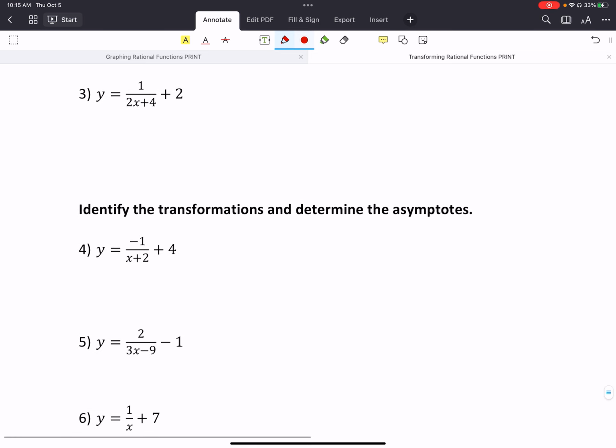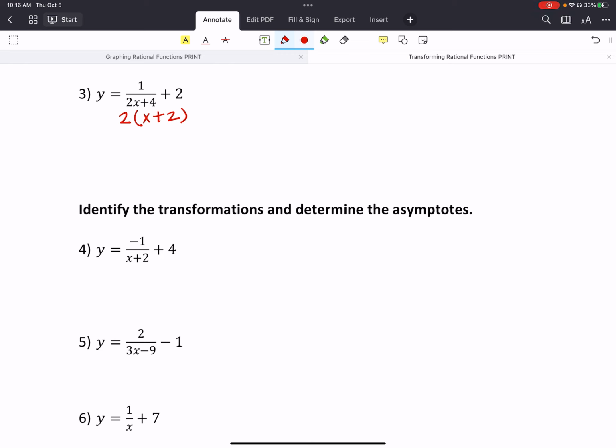All right, number 3, we have a little bit of a different scenario because we have this coefficient of 2x. So what we do here, let's go ahead and break this fraction down by taking out a GCF of 2 on the bottom. If I take out a 2, I'm left with x plus 2.